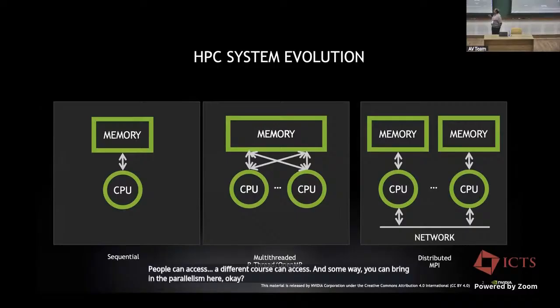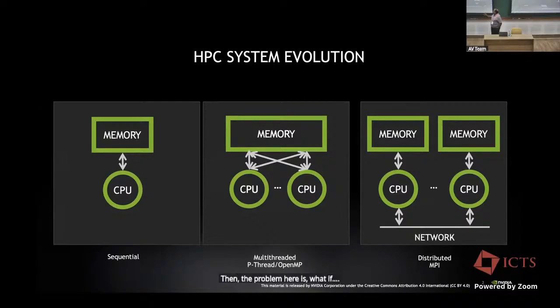Then the problem here is, what if there is a memory location which multiple cores or multiple CPUs want to access? What happens then? If multiple CPUs want to access the same memory location, then they have to be queued somehow. When anything is queued, that becomes serial. That means performance is going to suffer.